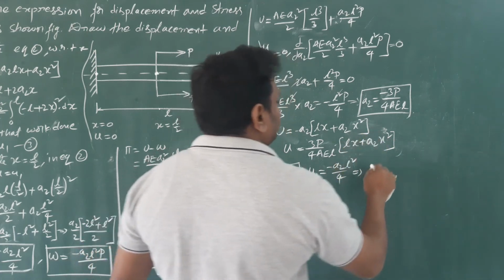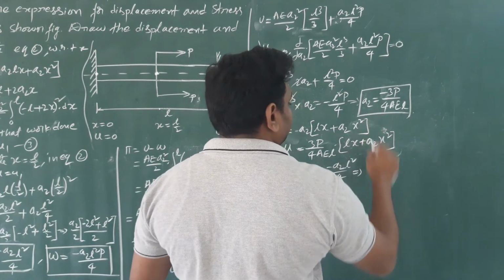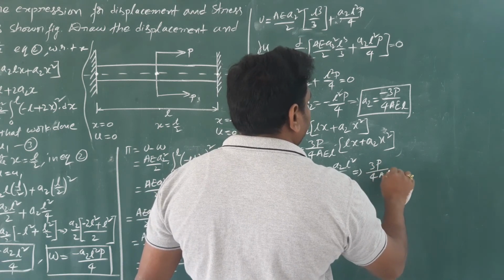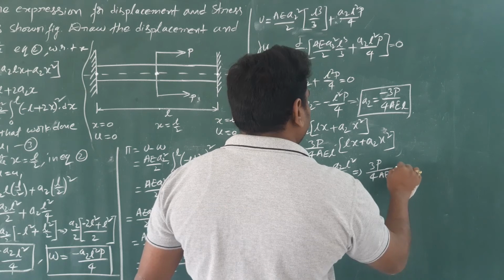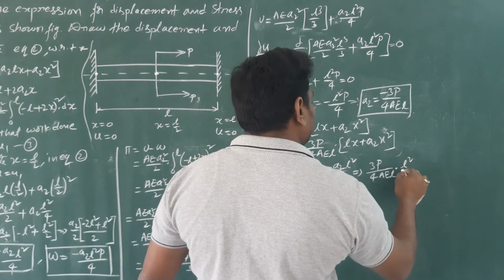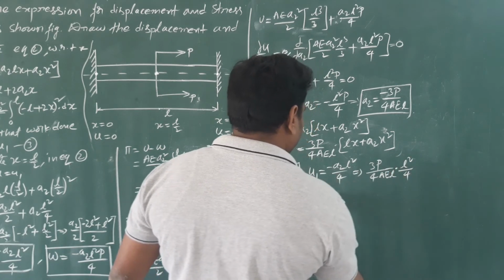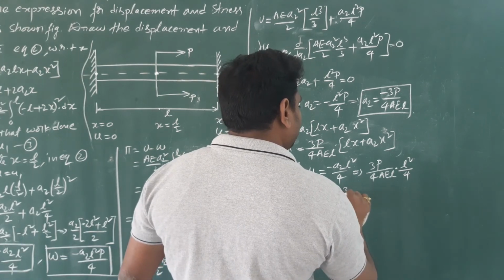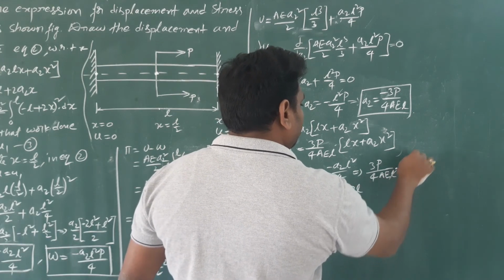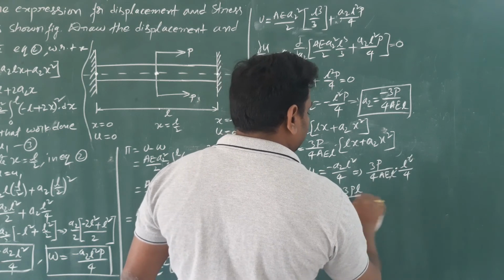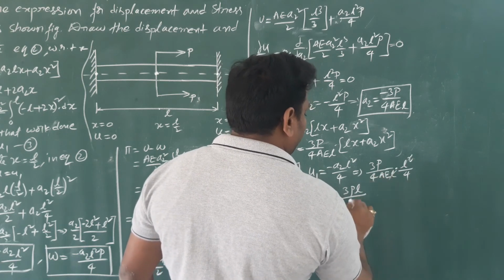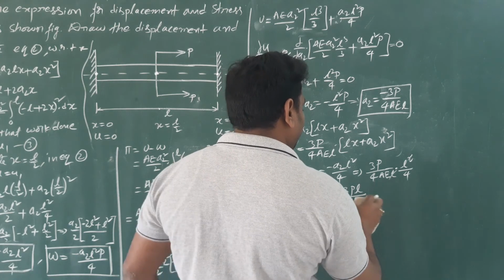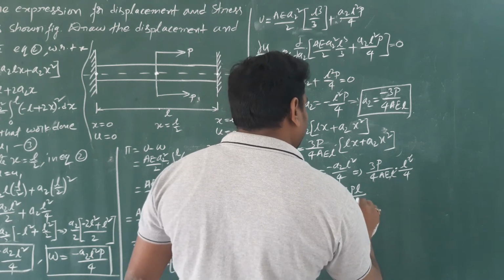So minus A2 means minus into minus plus 3P by 4EAL into L square by 4. Then u1 is equal to 3PL, L cancels, L square cancels, so 3PL by 8AE.